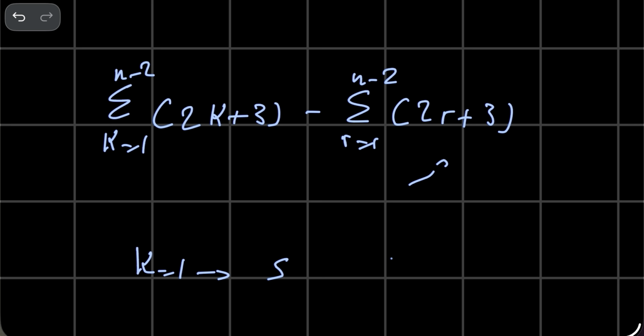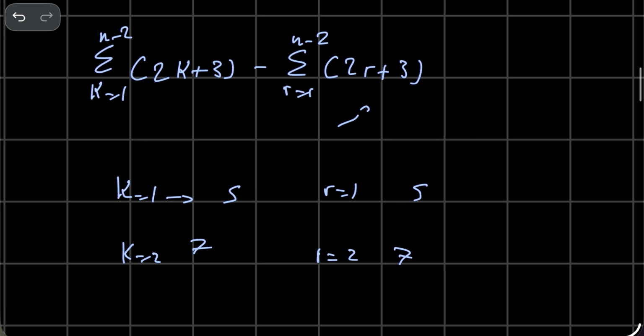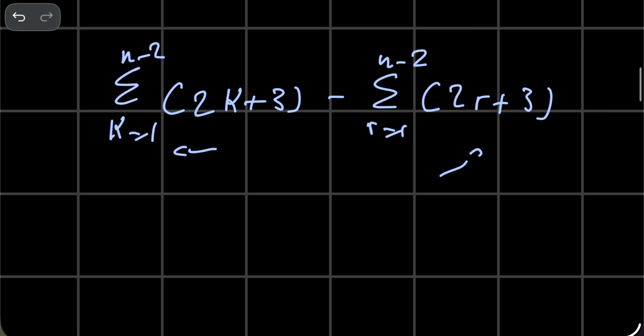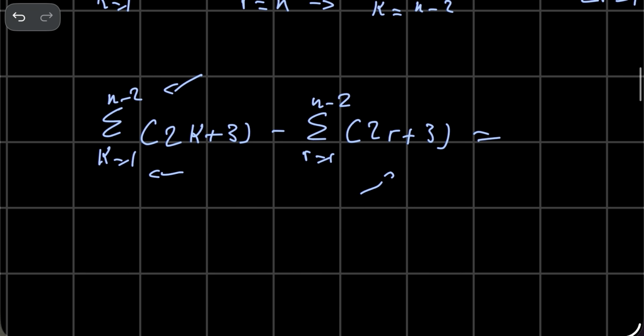Here too, if r equals 1, the first term is 5. If k equals 2, the second term will be 7, and here too it will be 7. So since we have the same starting point, the same ending point and the same function, if we deduct them from each other, we will get 0.